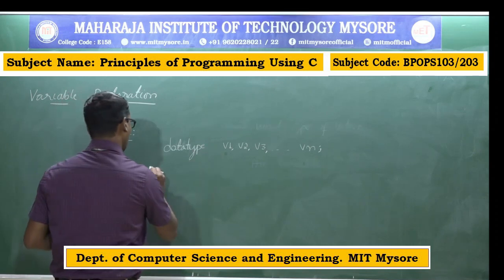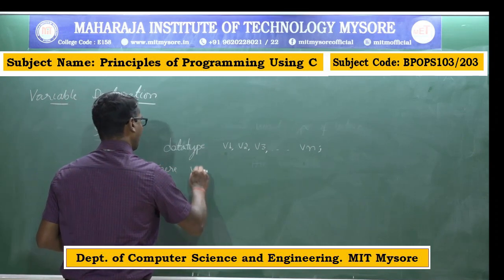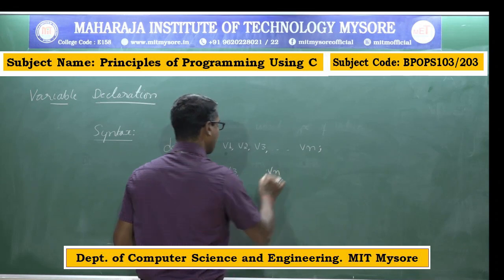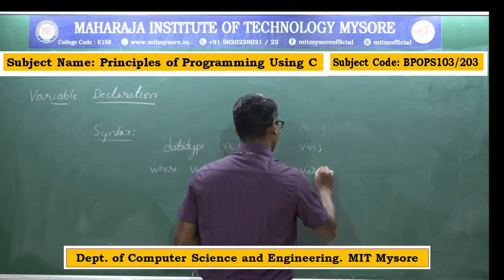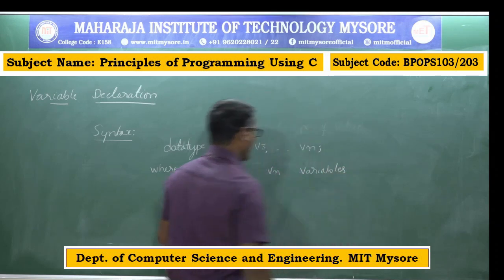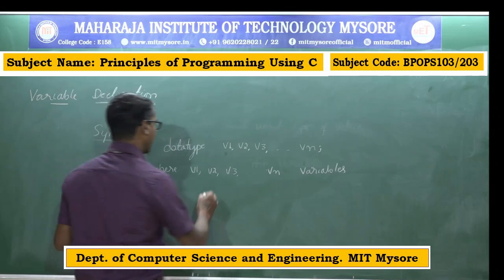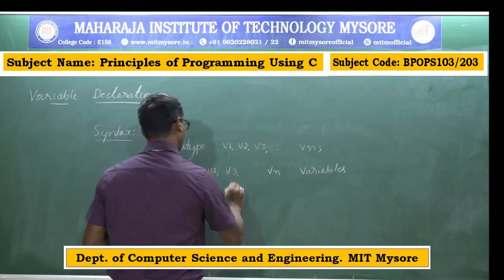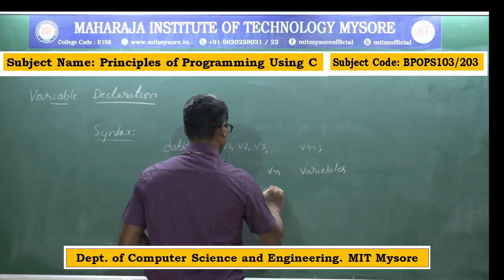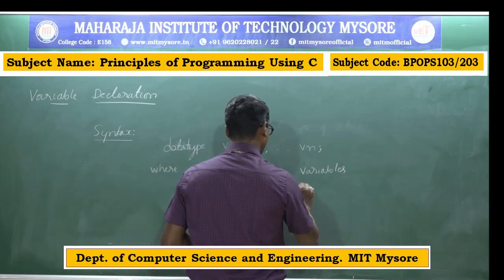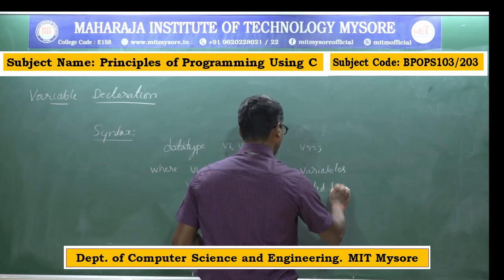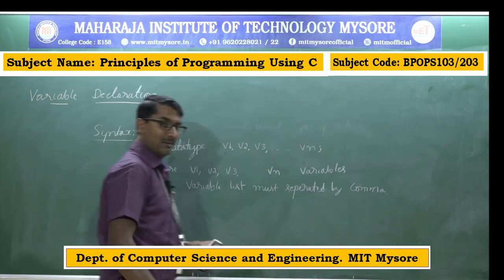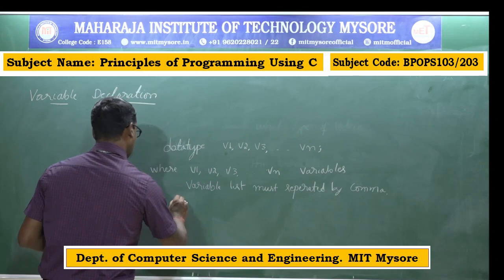Here V1, V2, V3, Vn are variables. The variables must be separated by comma, and the declaration must end with a semicolon.